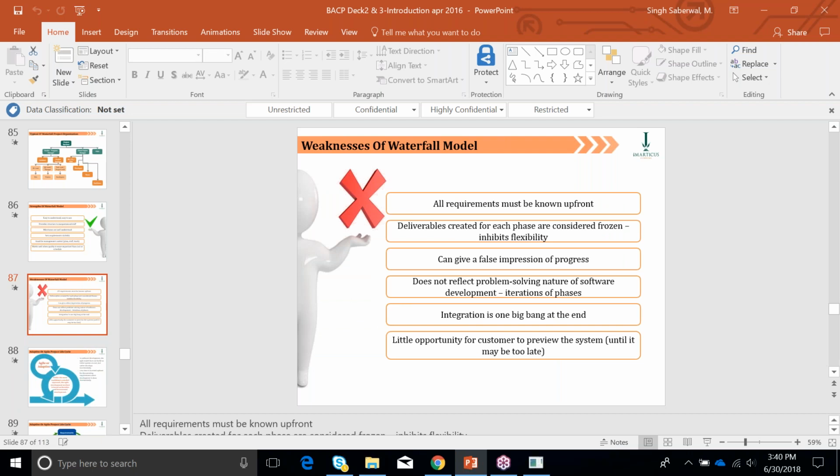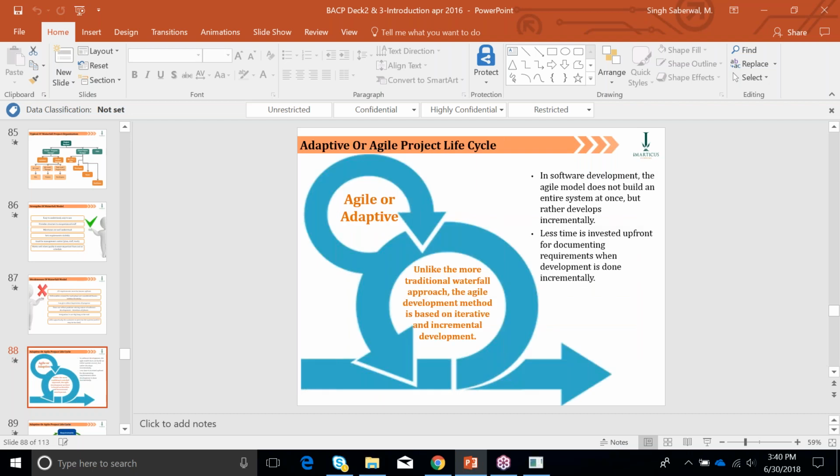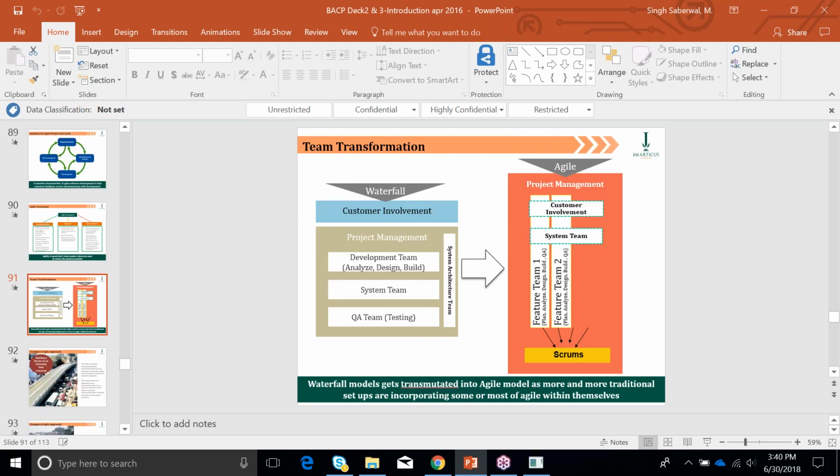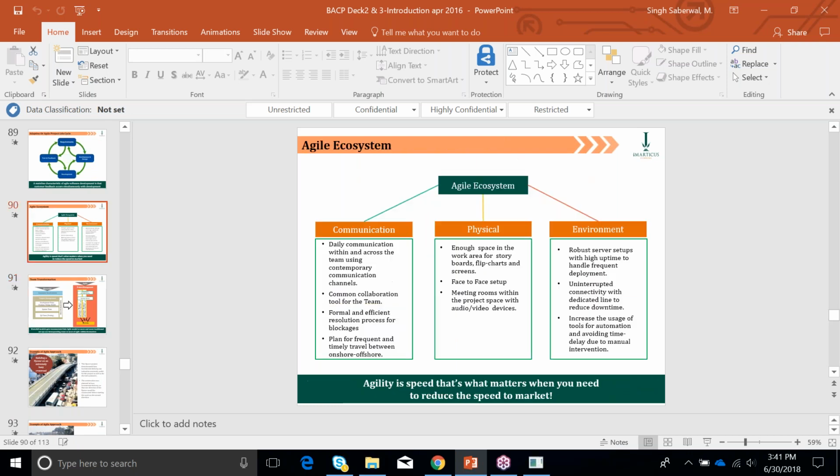Guys, correct me, we had done these slides, right? Team transformation from waterfall into agile. I think we were just about discussing this slide when we logged off. We had stepped into the software development life cycle.